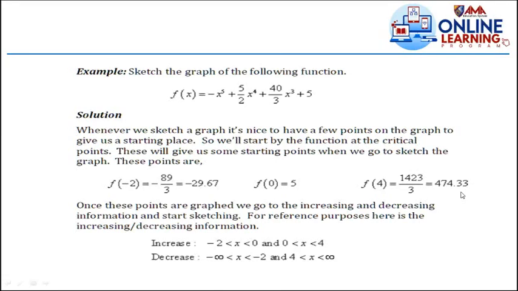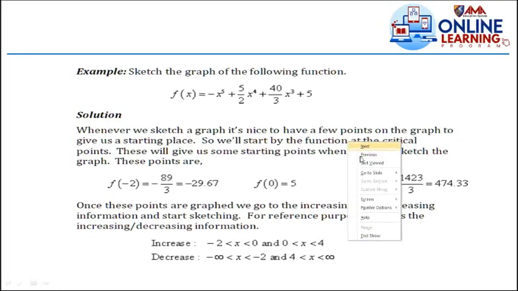For reference purposes, here's the increasing and decreasing information. If x is greater than negative 2 but less than 0, and x is greater than 0 but less than 4. Yung decrease naman from x is greater than negative infinity to less than negative 2, and x is greater than 4 and less than positive infinity.